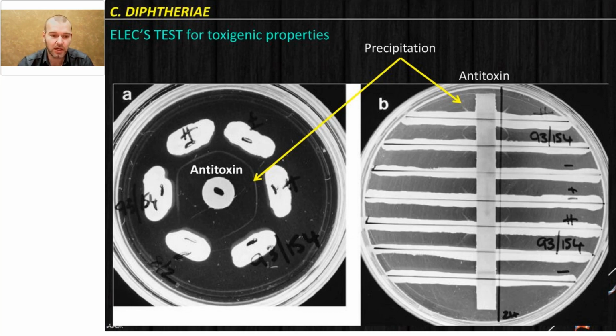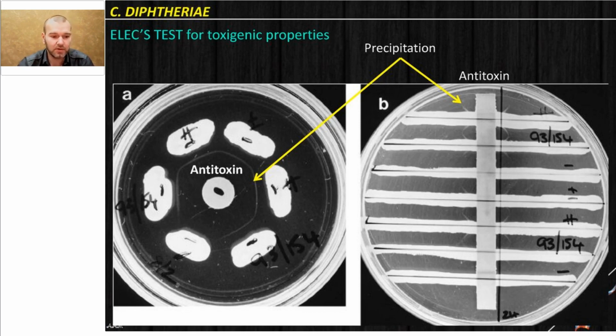It will diffuse in the agar, and in the center, marked with the yellow arrow, in the zone between antitoxic serum and clinical sample, a thin semi-transparent zone of precipitation will appear.